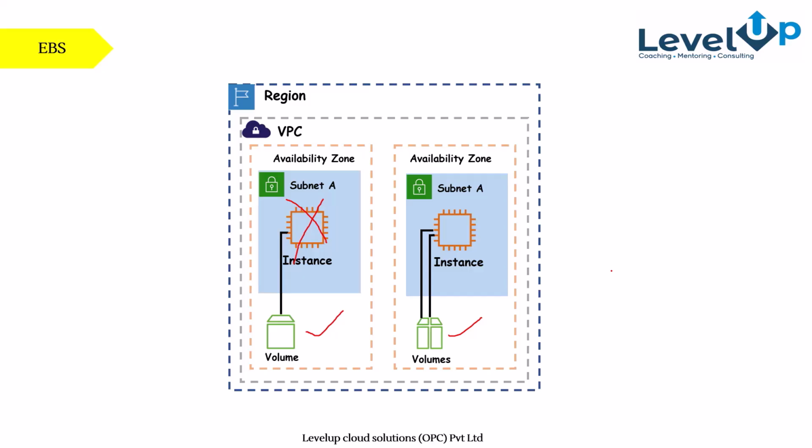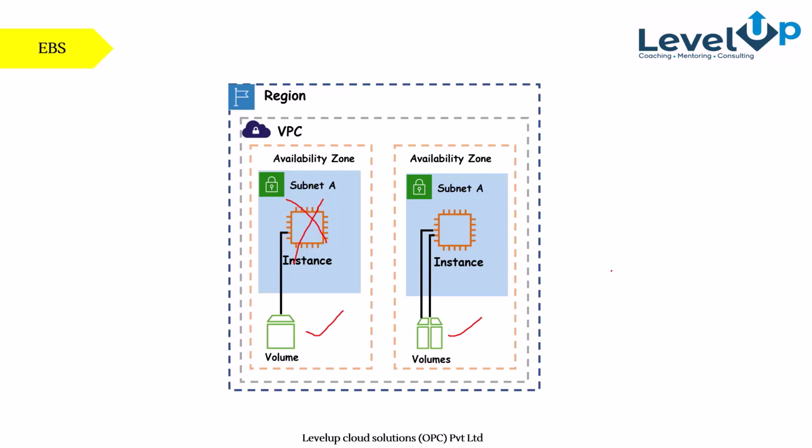Now, AWS recommends Amazon EBS for data that must be quickly accessible and requires long-term persistence. For example, a database, a file system, or an application that requires fine granular updates and access to raw unformatted block level storage.